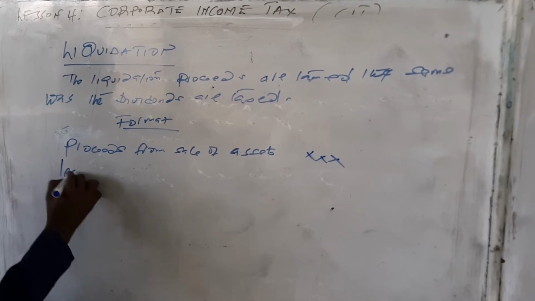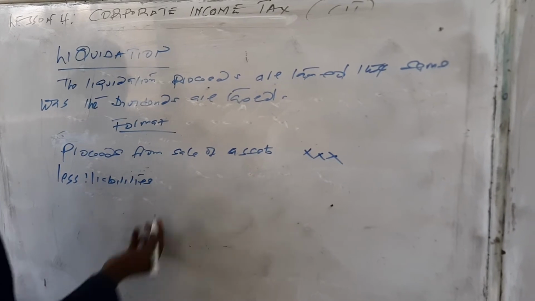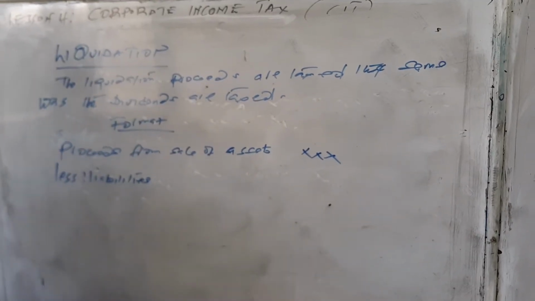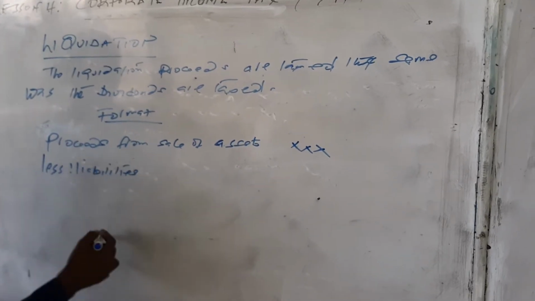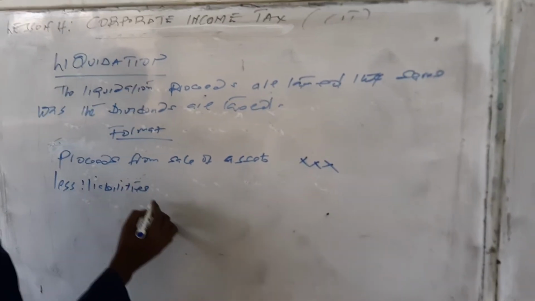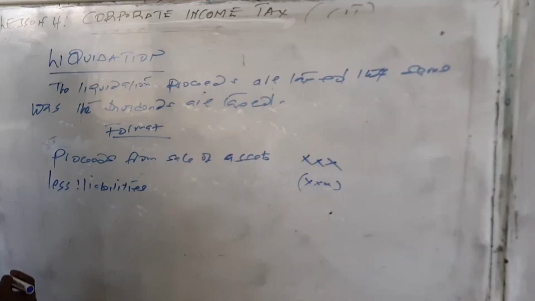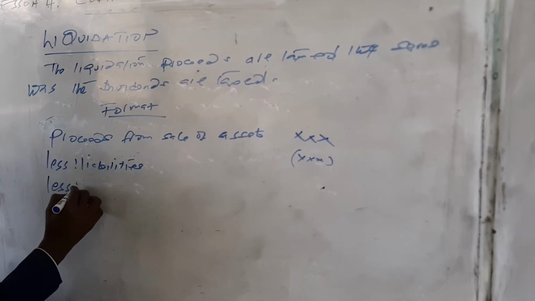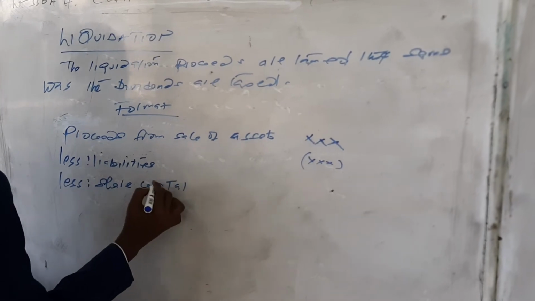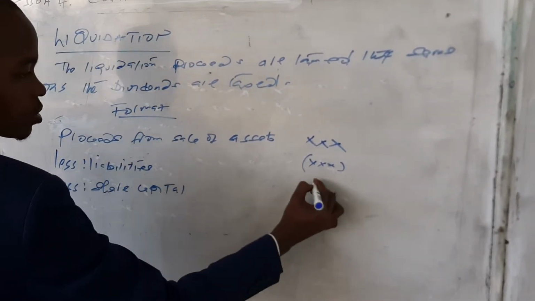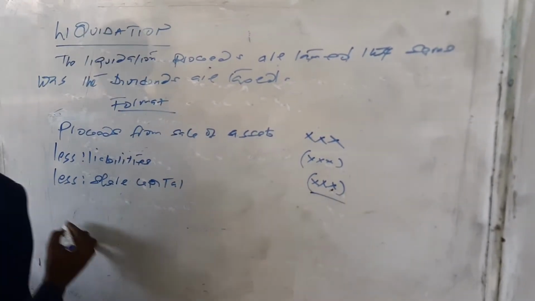Then you less liabilities, maybe the short-term or long-term liabilities you are obliged to pay, like paying the suppliers or paying the employees. And again you less the share capital, and you also post it here. Then you get liquidation proceeds.